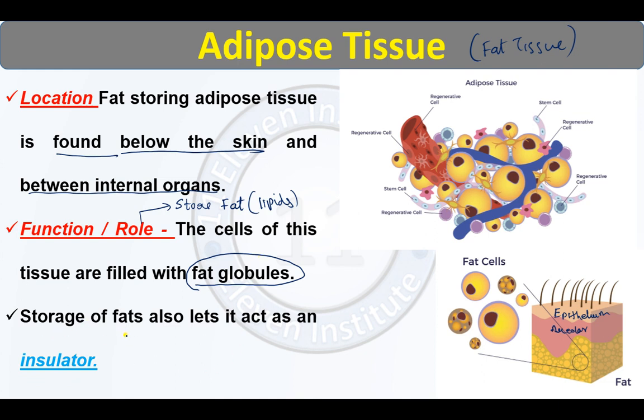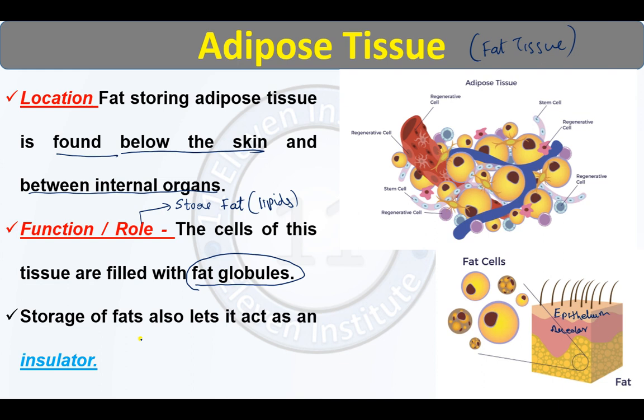Due to the storage of fats, it also acts as an insulator, to protect our body from abrupt changes, right? No need to go into detail about this, but just remember that they store fat and they behave as an insulator. Why they behave as an insulator is not a point of discussion for now. Fine, you will study it in your later classes.